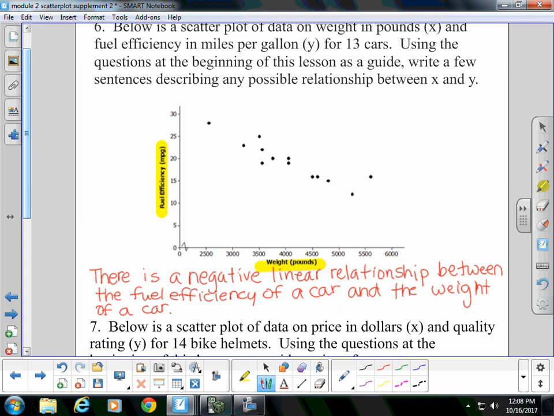What that means is as the car's weight increases, fuel efficiency goes down.